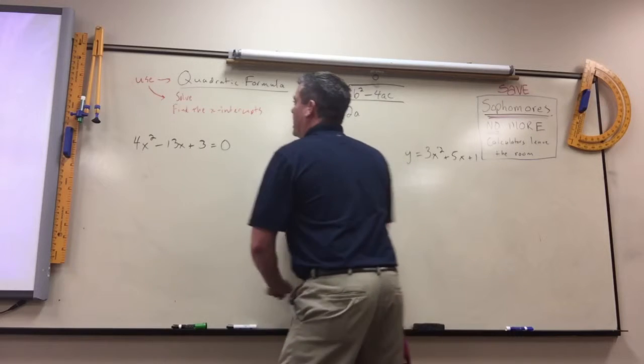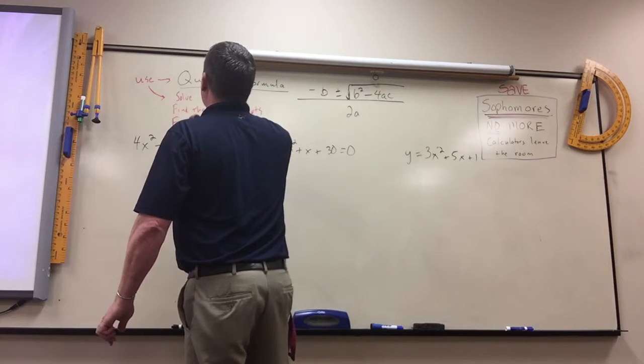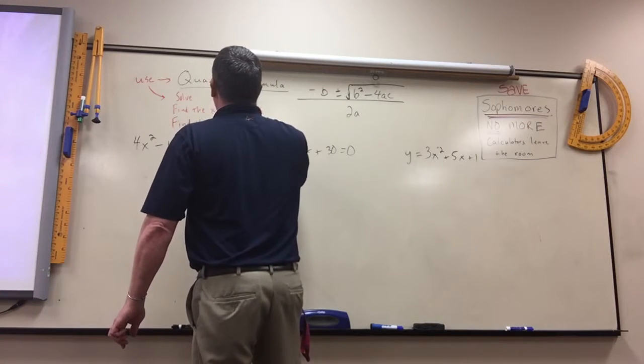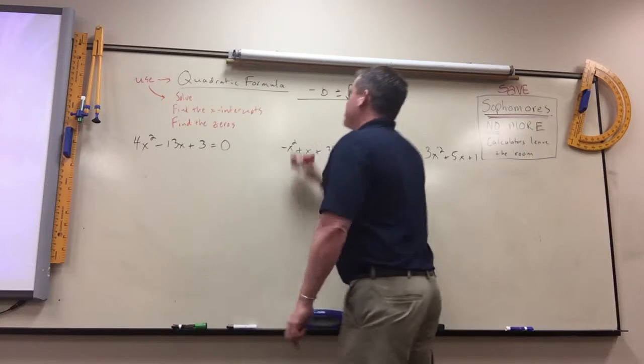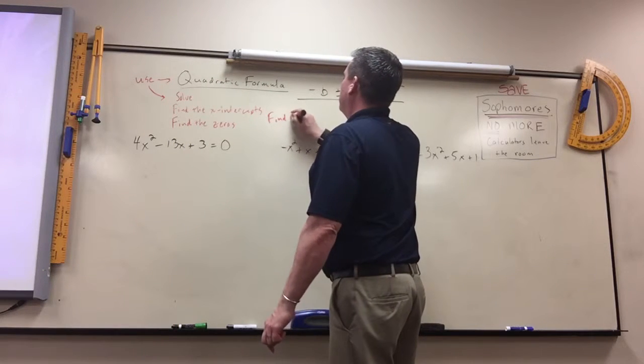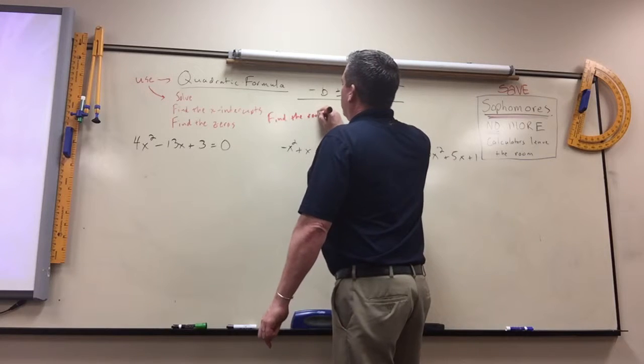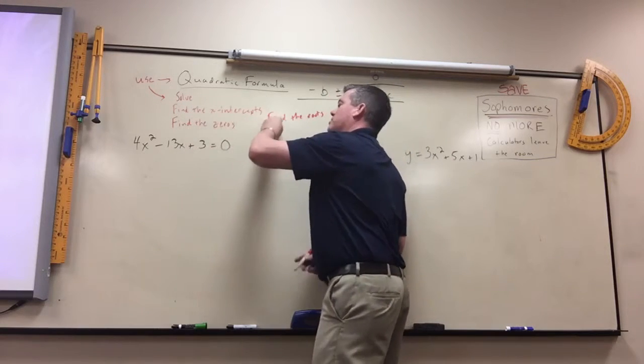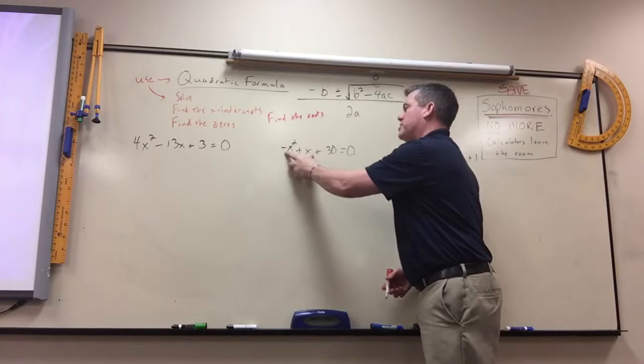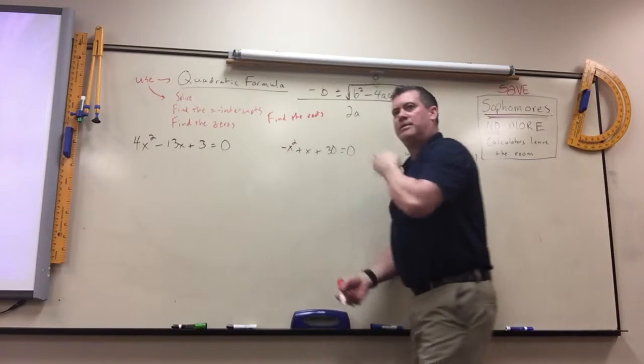Sometimes they say find the zeros, and sometimes find the roots. If they say any one of these four things, it all means the same thing: figure out what x is, and you can use the quadratic formula.